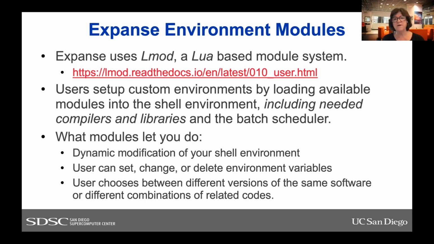The paths are already set up, and you're not trying to figure out, do I have the right version? You have the exact environment that you need. And over time, that'll start to make sense. Like if you have one application that you compile with an Intel compiler, you would set up an Intel recipe. But if you have another application that just needs the GNU compiler, you can set up a GNU compiler recipe.